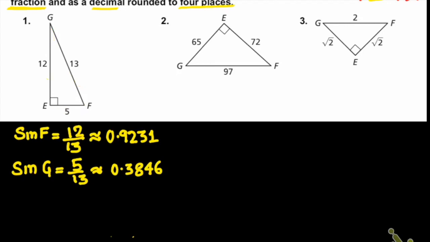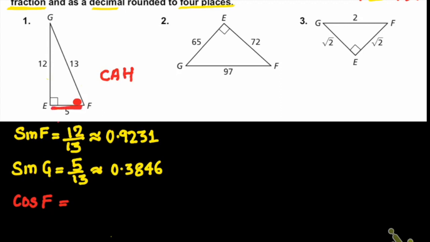So we already have our sine ratios. Let's find our cosine ratios. Let me change the color. To find the cosine of angle F, I look for where my angle is. That's F, and cosine is CAH, adjacent over hypotenuse.